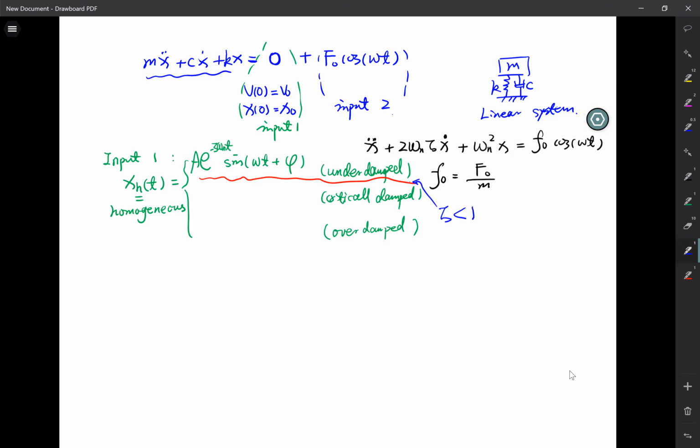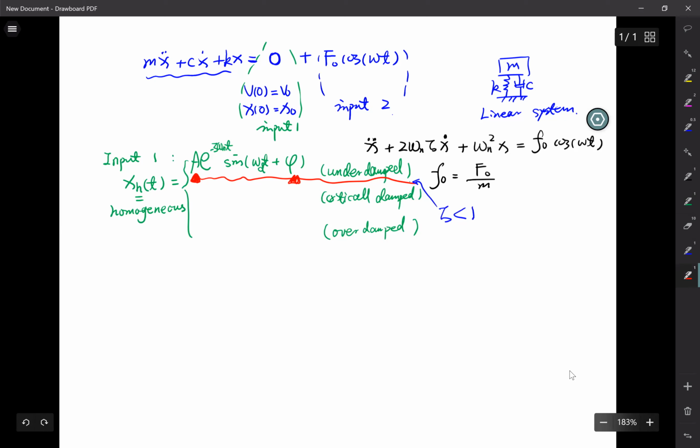All right, so if you look at these equations, there are 2 things to be determined. One is the amplitude, A. The second is the phase, phi. And I forgot one thing: this omega is not the driving frequency, it's actually the damped frequency omega d.